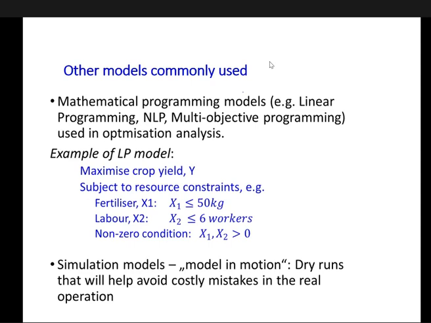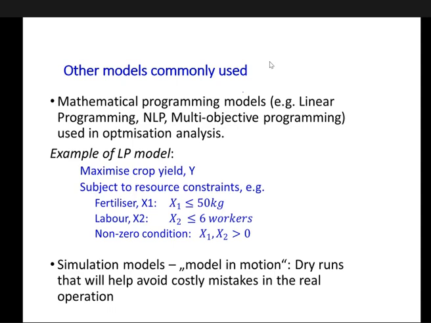So if you increase fertilizers, you get an increase in yield, but it doesn't mean that if you continue increasing, the yield will continue increasing. It might reach a point where you overdose the soil such that it negatively affects the performance of the crop to an extent that yield starts decreasing.